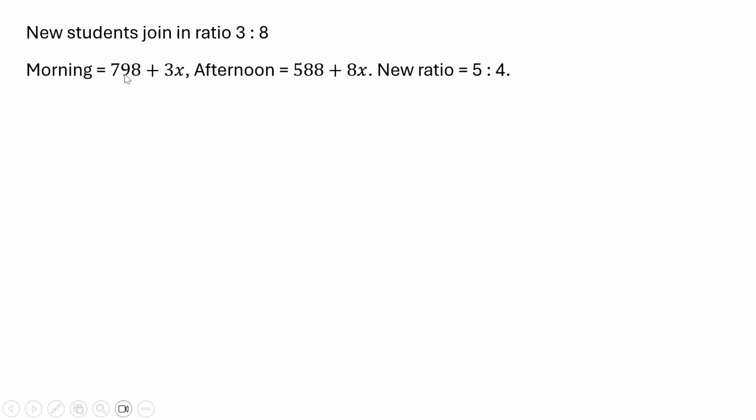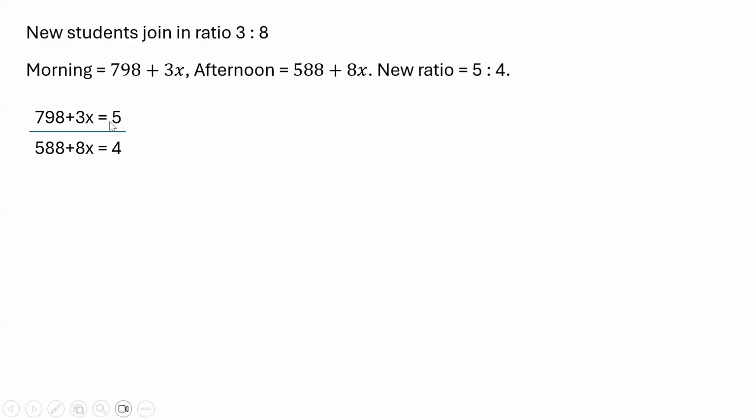So it will be 798 plus 3x and 588 plus 8x, and the new ratio is 5 is to 4. So simply we will just put this. I believe most of the students are familiar with this. 798 plus 3x over 588 plus 8x, and that is equal to 5 is to 4, right?